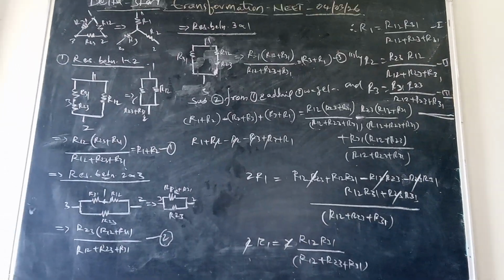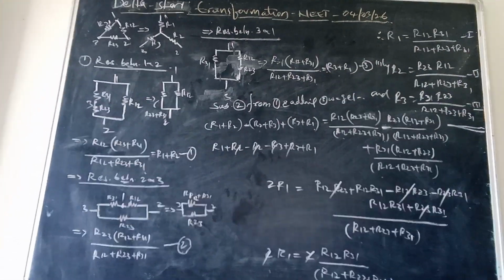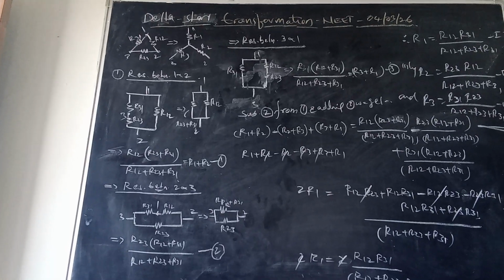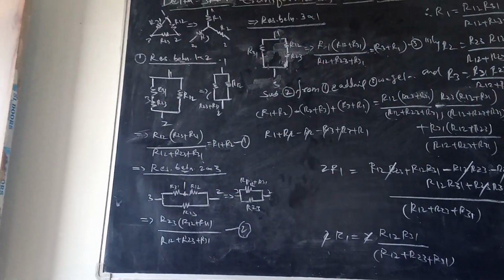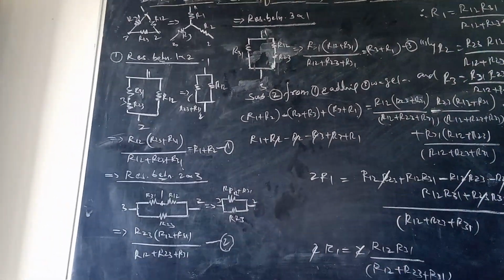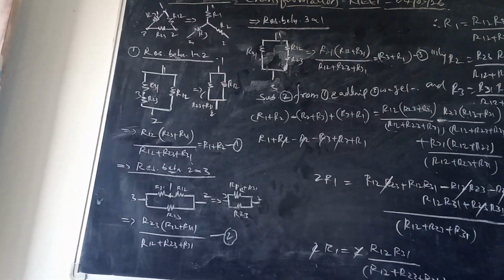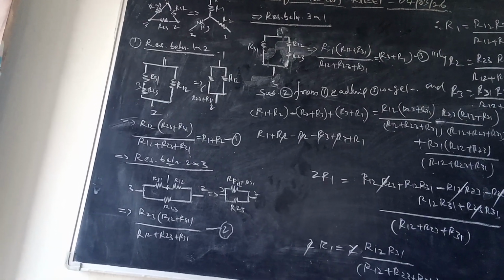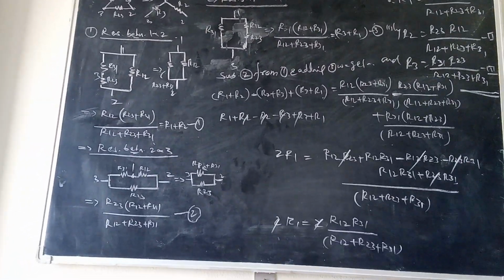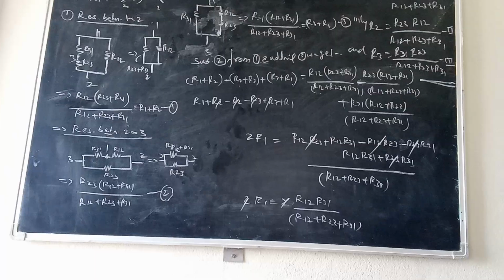Similarly, the same you do for the delta equations and open the bracket. R1 plus R2 minus R2 minus R3 plus R3 plus R1. Now the negative and positive terms will get cancelled: R2 minus R2, R3 minus R3, plus R3 minus R3. So 2 times R1.